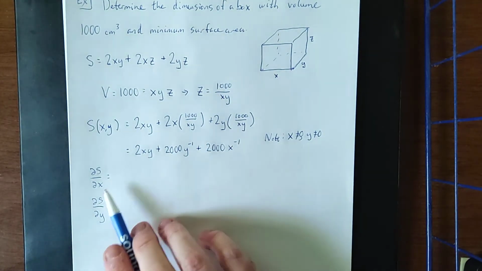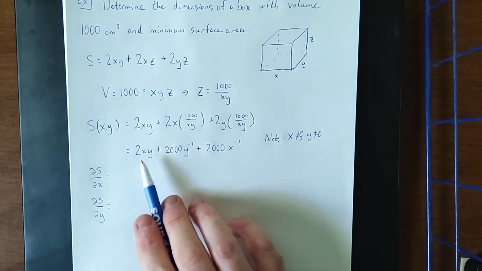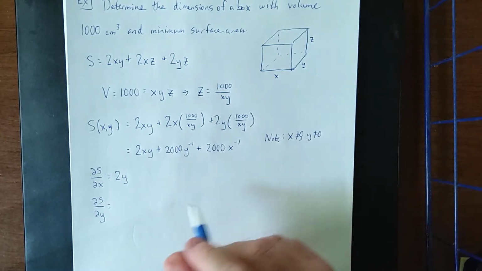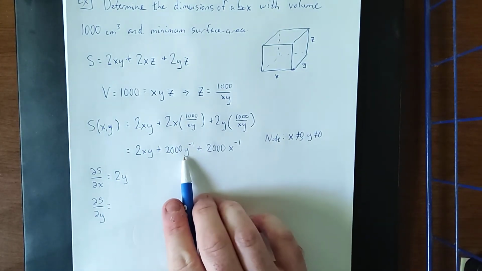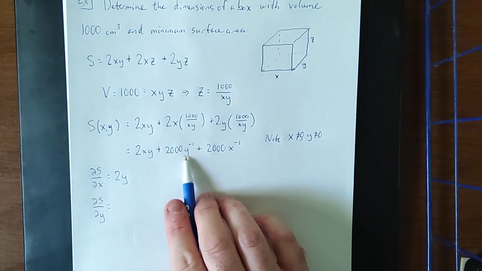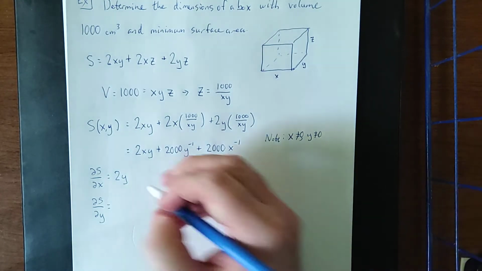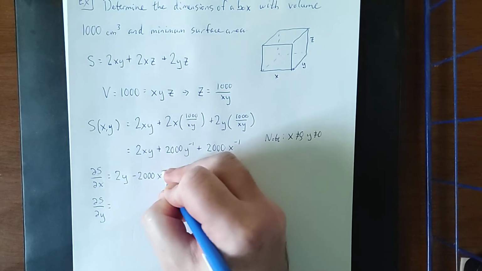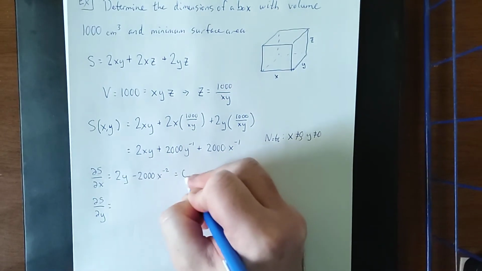So with that in mind, the partial derivative with respect to x is going to give us 2xy will become 2y. 2,000y to the negative 1, this would be treated as a constant term with respect to x. And then over here, applying the power rule, this would be negative 2,000 times x to the negative 2 power. We'll be setting this equal to 0.